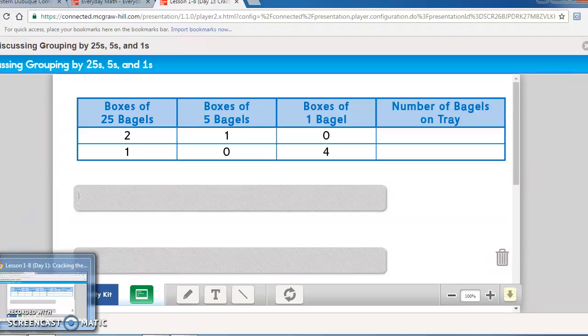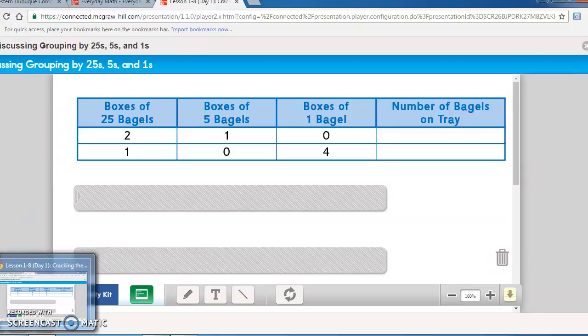Stop the tape now and make sure that you're finding that. Hopefully you found that on page 30. So, what size boxes does Marcus use to pack the oat squares? Pause it, figure it out before you come back to it.